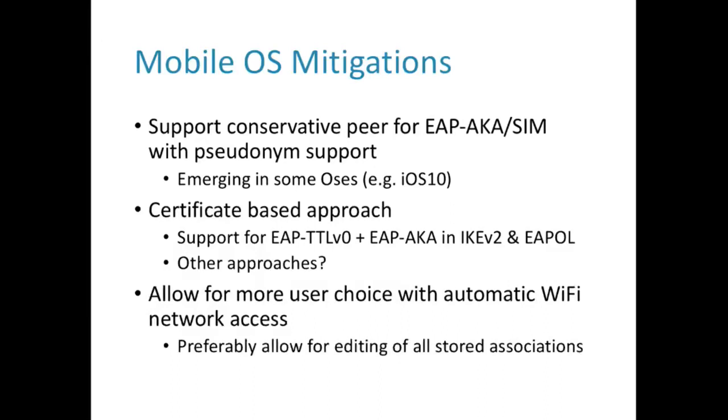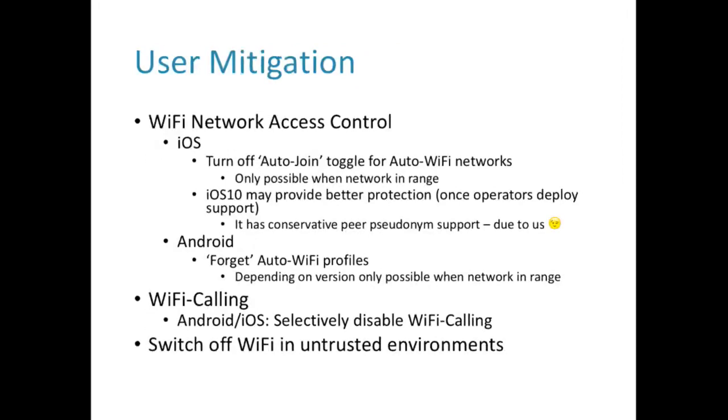So mobile OS mitigations: we need to support some of these protocols we're talking about, so conservative peer pseudonym support, and then you've got to support the actual certificate-based approaches and implement those in the OSs. And the other thing which would be nice is to allow a bit more user choice over automatic Wi-Fi network access, which currently is a bit tricky, preferably allowing editing of all stored associations. So what can you do? User mitigation?